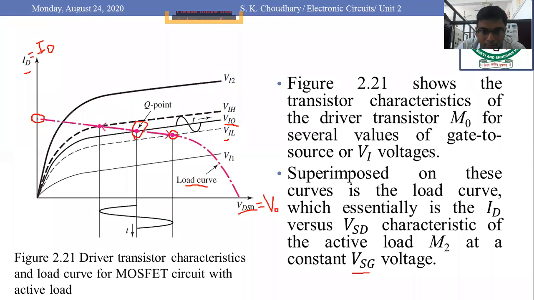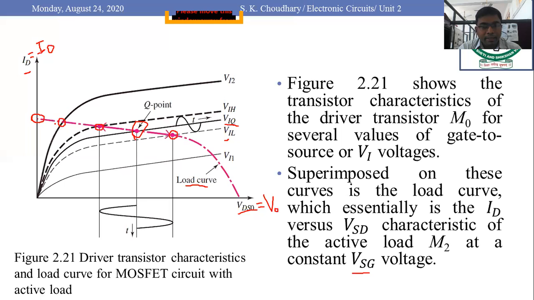For VIL, it is below the VIQ point, and for VIH, it is above the VIQ point. What does this mean? As you increase Vi above VIQ, to VIH or VI2, your Q point is shifted upward, and it shifts from the saturation region to the non-saturation region. When you apply VI2, it enters the non-saturation region.